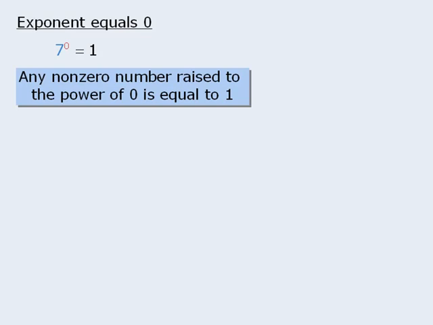Now, there is a very logical explanation for this, but at the moment we don't yet have the tools to show why this property must be true. We will, however, return to this property in a future lesson and prove why all non-zero numbers raised to the power of 0 must equal 1. For the time being, just recognize that all of these expressions must evaluate to be 1.